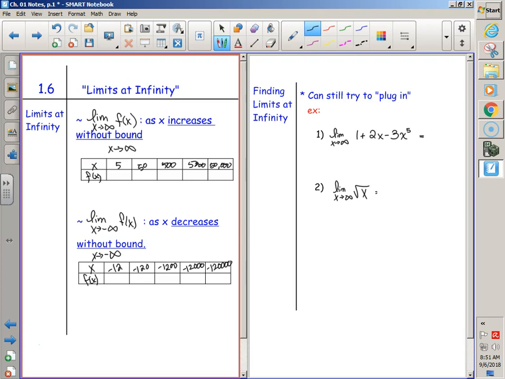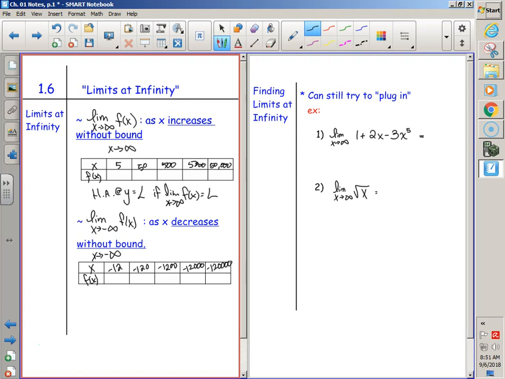Limits at infinity. The table's just going to be weird because you're going to have to have the x's get bigger and ask yourselves, are the y's leveling off? Have the x's get more negative. Are the y's leveling off? What am I talking about? There will be a horizontal asymptote at y equals L if the limit as x goes to infinity of f of x equals L. And what do I mean by L?